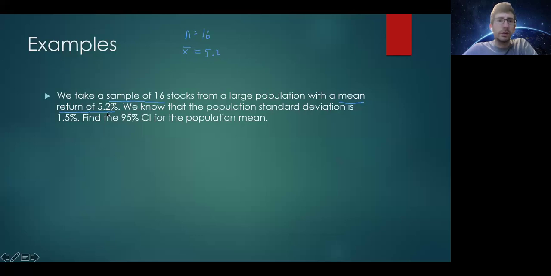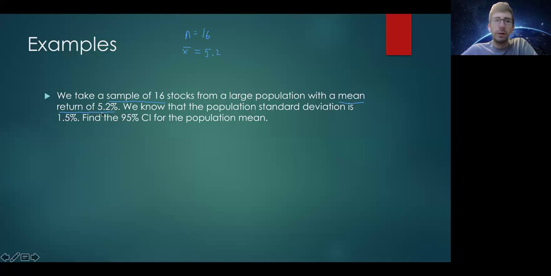We can forget about the percentages. You might be wondering, hey, it's a percent, shouldn't it be a proportion? We're given that it is in fact a mean. The mean return could have been 5.3%, 5.4%, and so on.